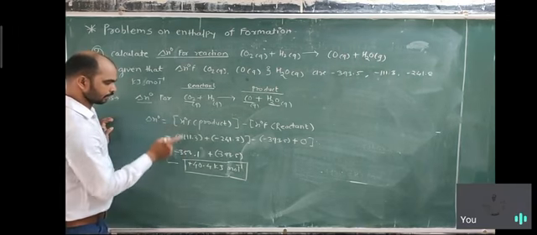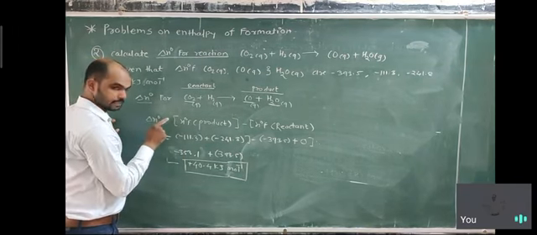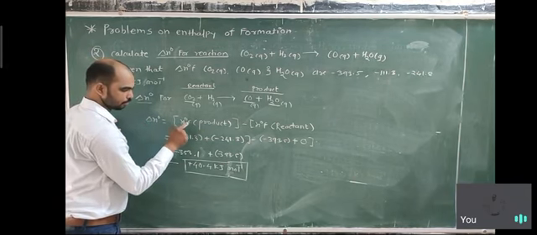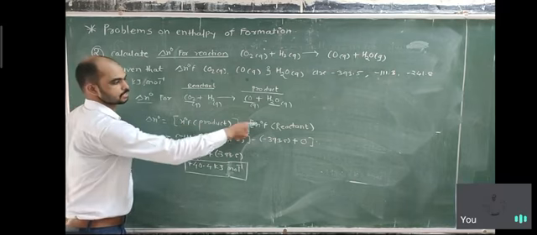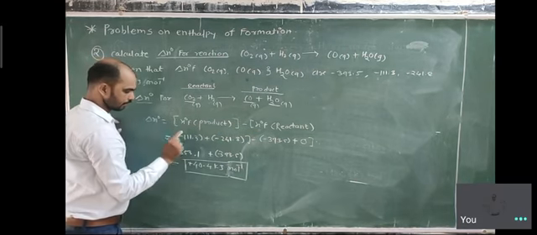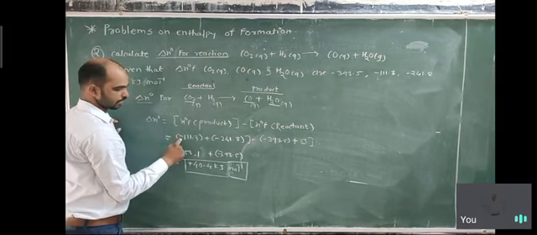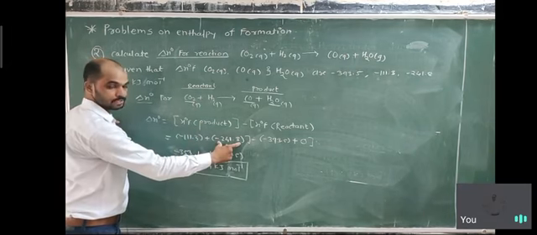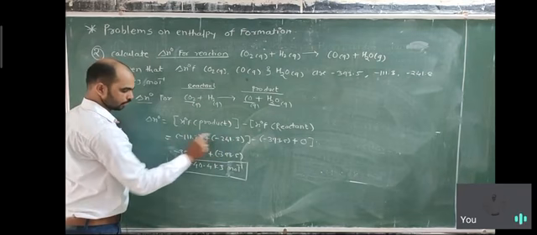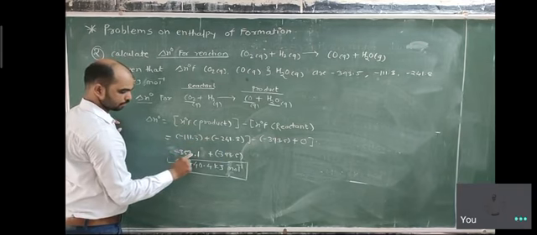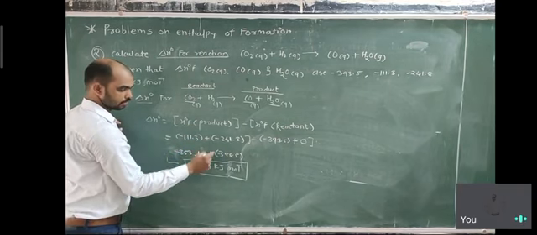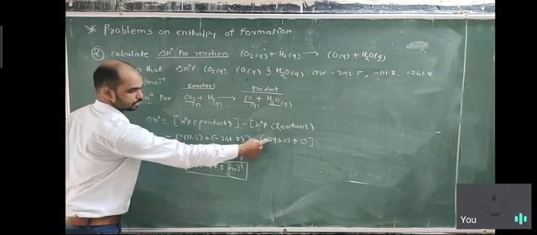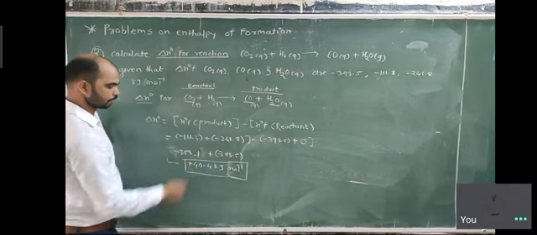So I repeat again, heat of formation is calculated by using this formula: sum of heat of formation of products minus sum of heat of formation of reactants. Here the product side has CO as well as H2O. This is for CO, this one for H2O. When we add together, the answer is minus 353.1 for this one, plus here the sign is minus, so minus plus will directly convert into a positive sign.